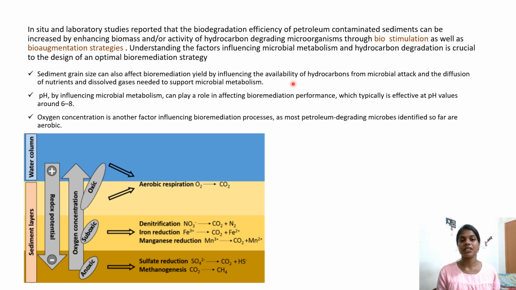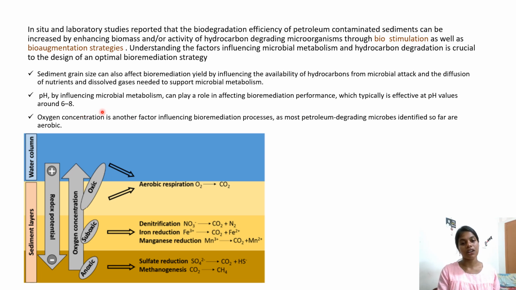Nitrogen and phosphorus are the limiting nutrients for this bioremediation. Then the pH of the environment, influencing microbial metabolism, can play a role in affecting bioremediation performance, which is typically effective at pH values around 6 to 8.